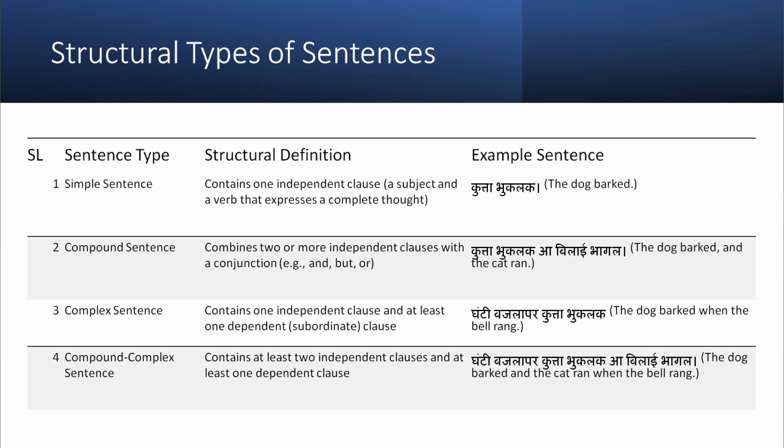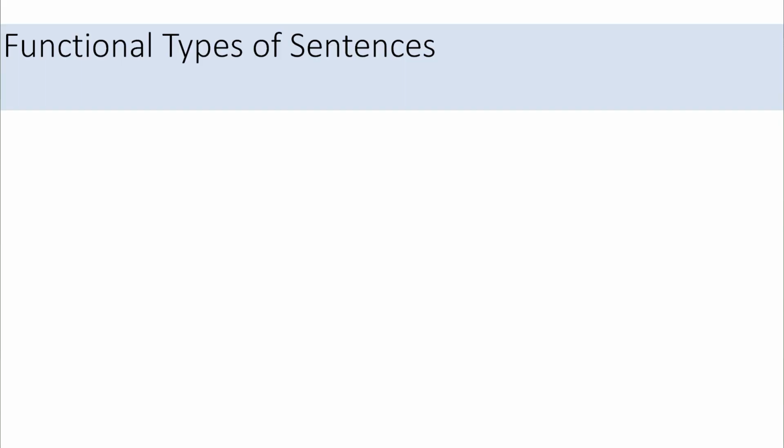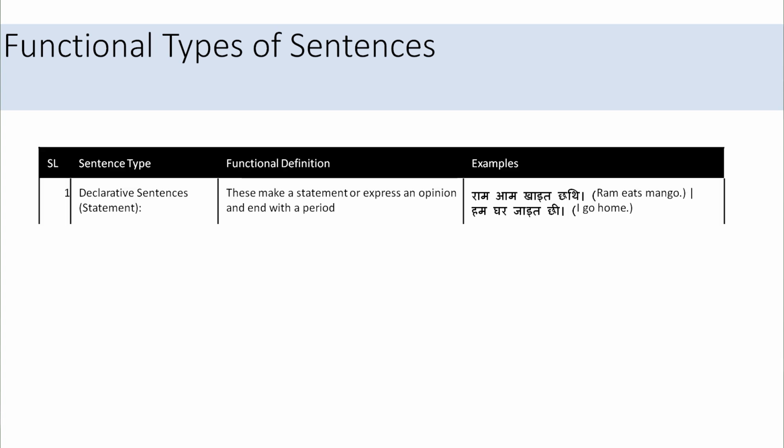Now, let us go to the functional types of sentences. Why do we call it function? Because it denotes what type of sentence it is and what kind of meaning it denotes. Functionally also, we divide sentences into four types. The first one is the declarative sentence, or simple statements.